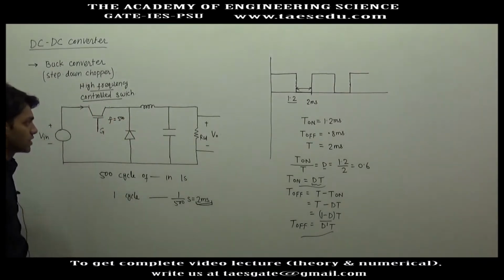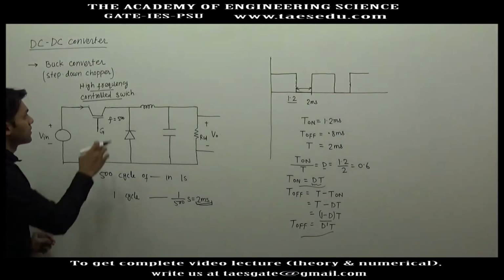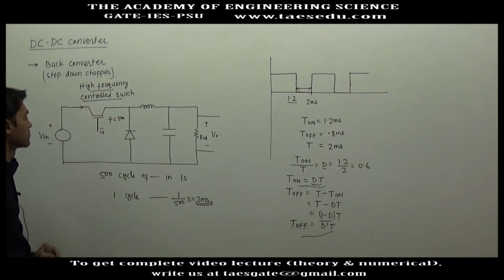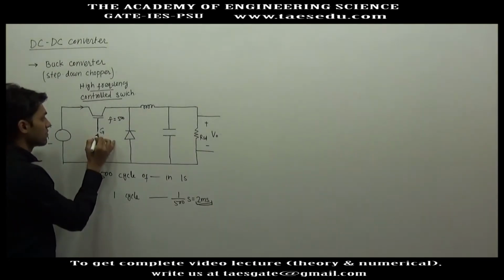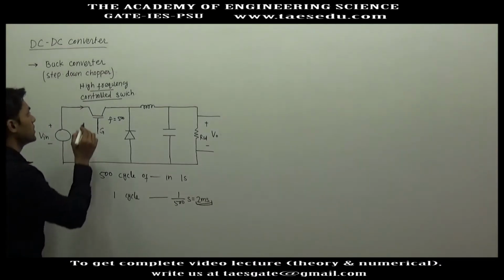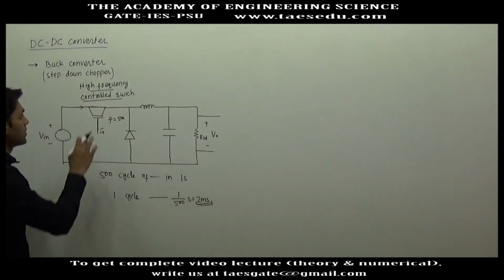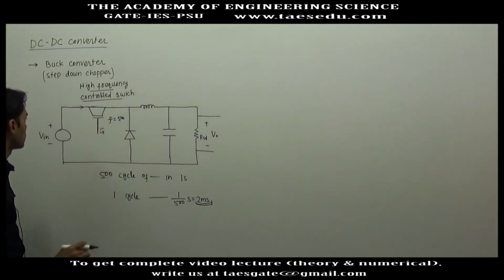I will derive the input-output relationship formally, but before doing that, let us analyze it without writing any formula or expression. What will happen if you give a gate signal? When you give a gate signal, this will be connected. When this is short, what will be the voltage across this diode?